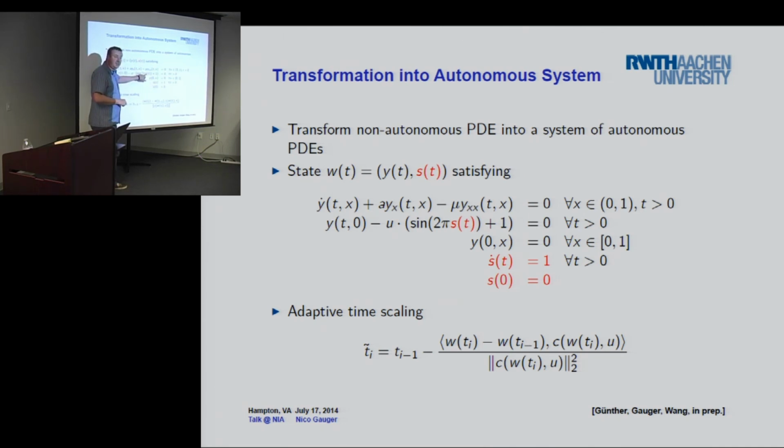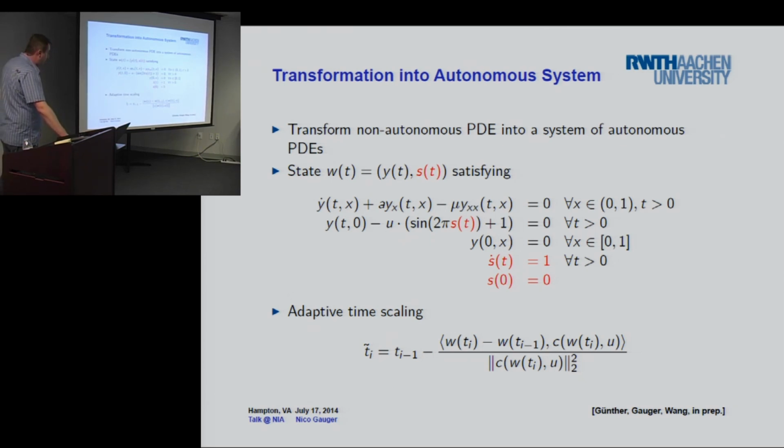But then I no longer see the dependency here, and so it is independent. But linear problems may become non-linear by that. Nevertheless, I can get it autonomous, and at the end I can apply to this new state vector, W extended by this parametrization S, again this adaptive time scaling.